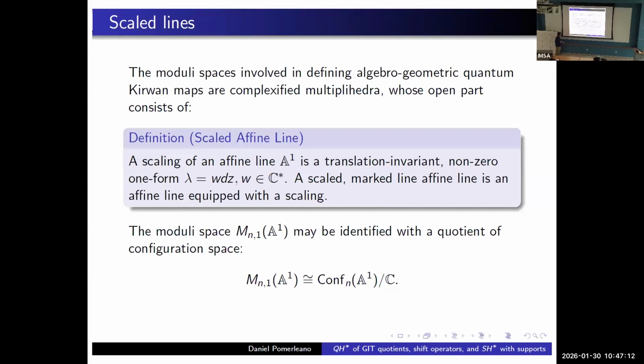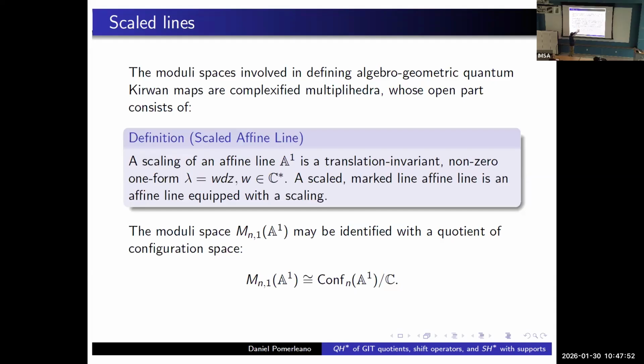So if you want to define the moduli space that's relevant for these maps, which are kind of cohomological field theories without metrics, it is the complexified multiplihedra.